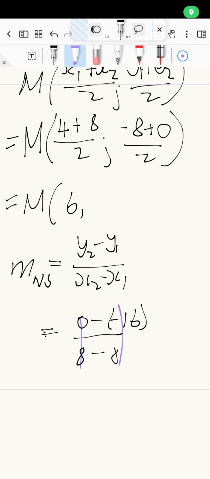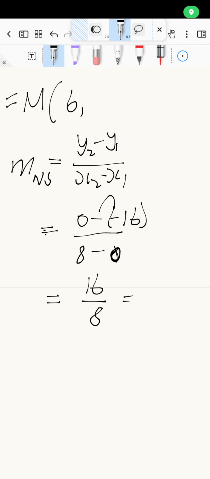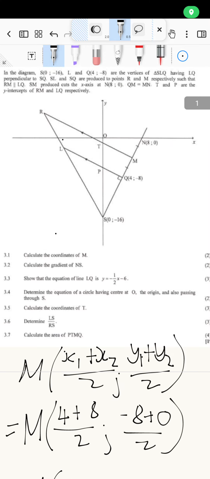The reason I put it in like that is so that I don't mix up my coordinates. So minus minus is going to be positive 16 over positive 8. This is a 0, it looked like the 8 for a moment. 16 divided by 8 is 2. So the gradient of that line is 2.